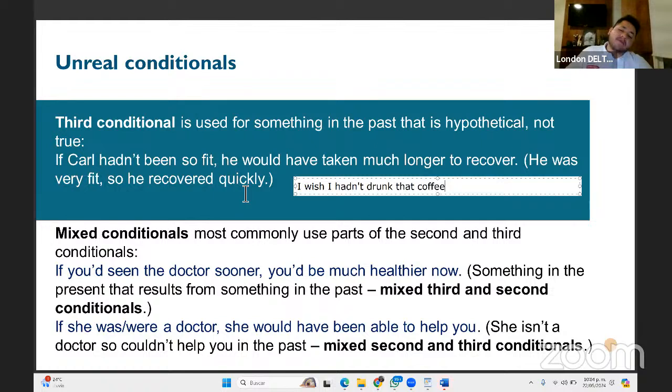Do you have or have you had any regrets related to food? A regret is something you didn't want to do, but you still did. Like me with coffee. Have you had any regrets related to food?